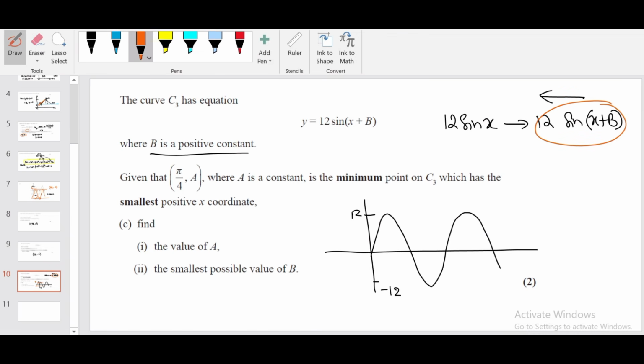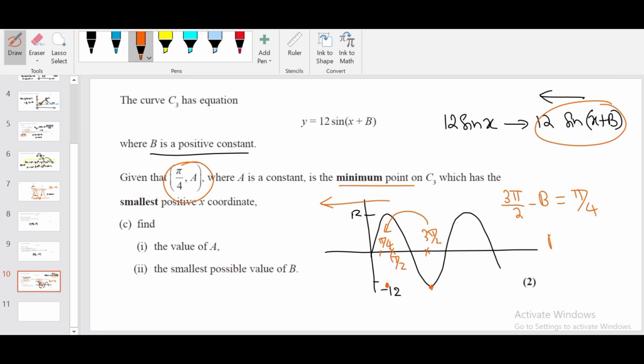Now the new graph has minimum point at pi over 4 comma a. Okay, in the actual graph this is pi over 2 and this minimum point is 3 pi over 2. But after moving the graph to the left side, pi over 4 has come here actually. So 3 pi by 2 has been moved some units. That means 3 pi by 2 minus b, because we are moving b units, is equal to pi over 4.